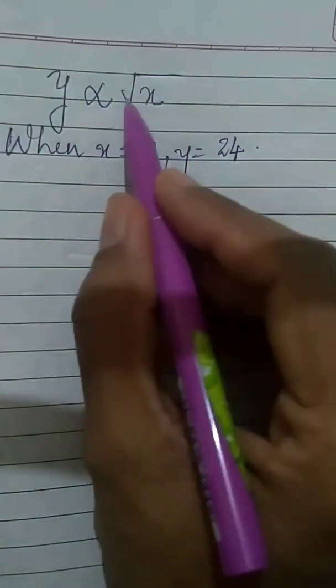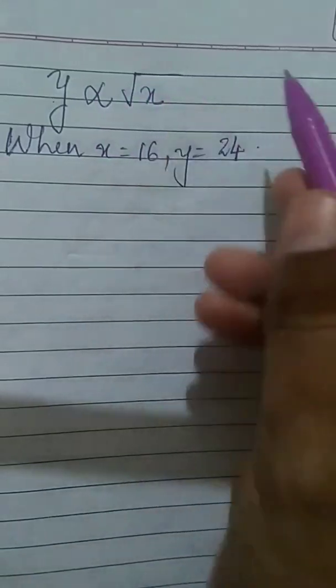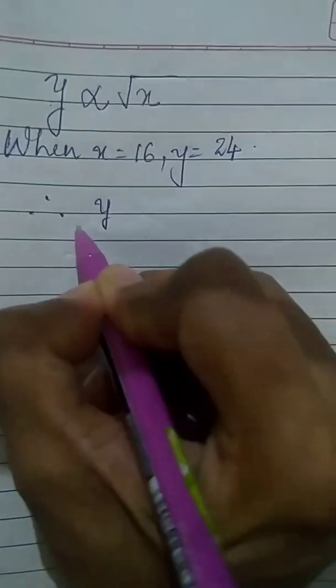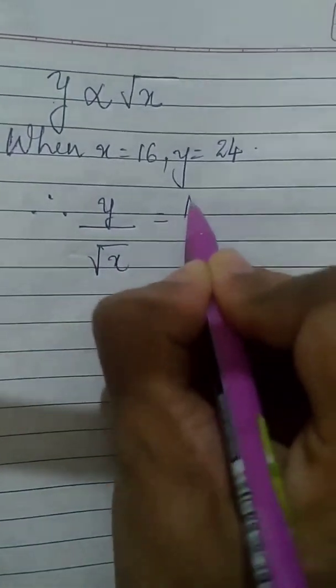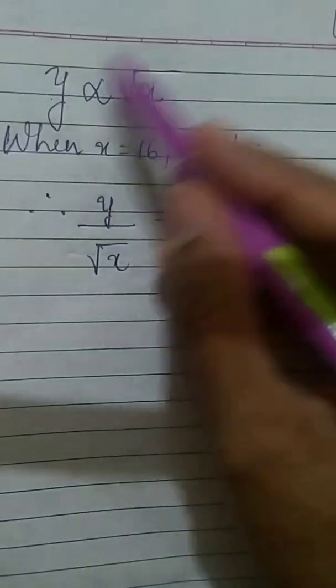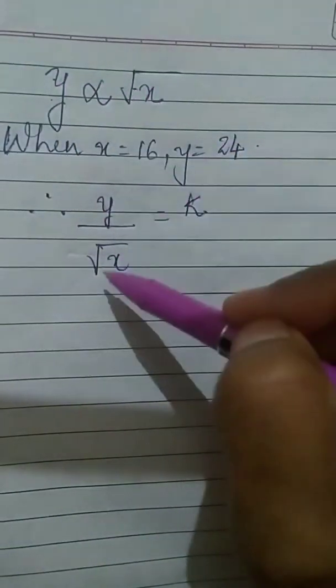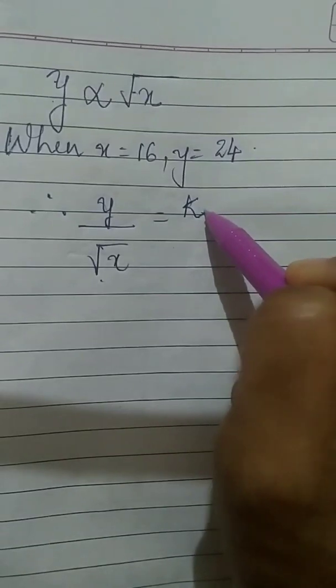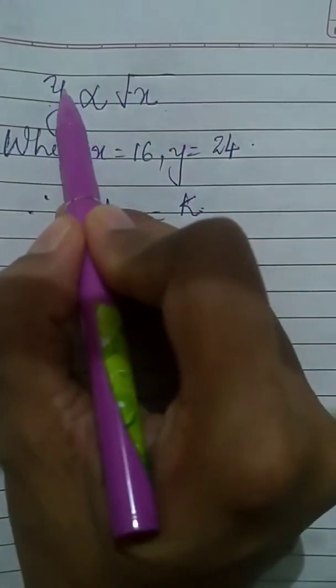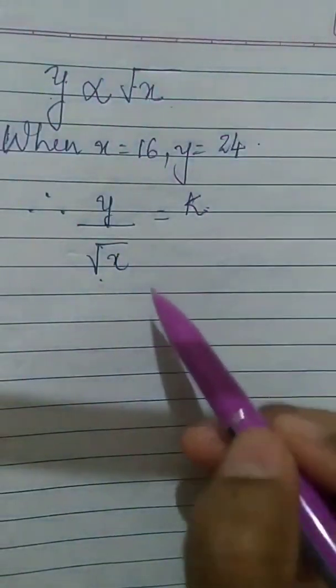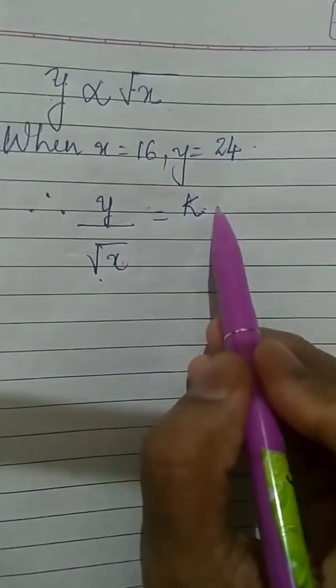So let's start. If it is direct variation, now see how we have written y varies directly to the square root of x. So therefore, y divided by square root of x is equal to k. For direct variation you will divide, no? So y upon square root of x is equal to k. As it is written, the same way you have to divide. So y upon square root of x is equal to the constant k.